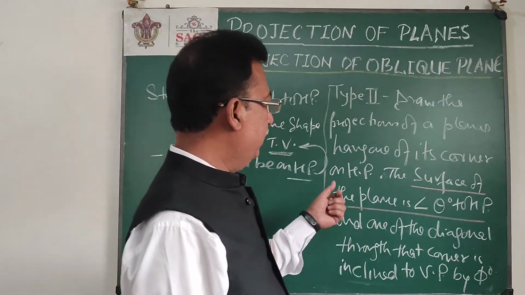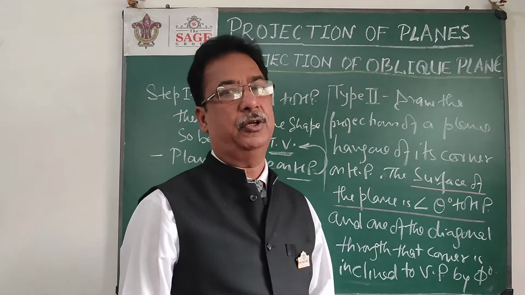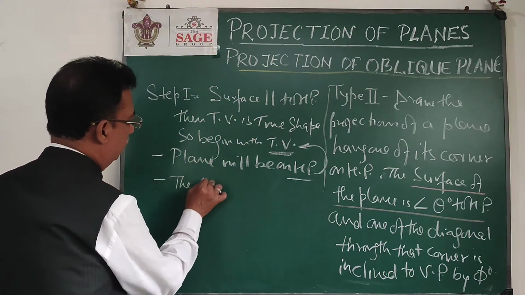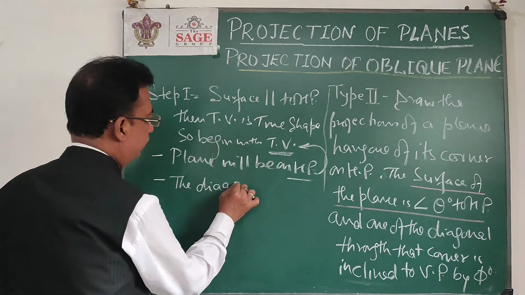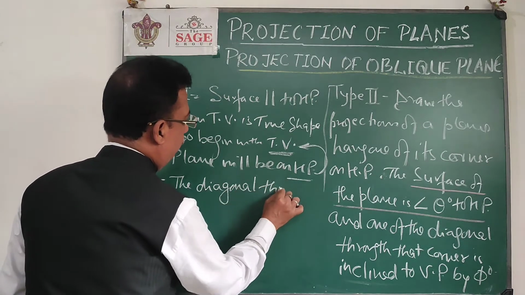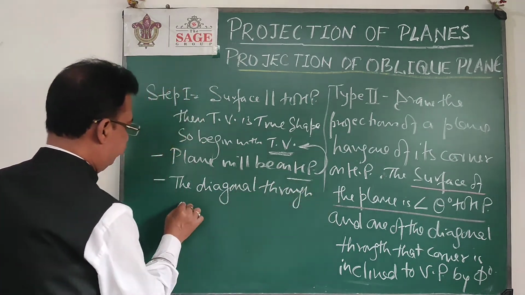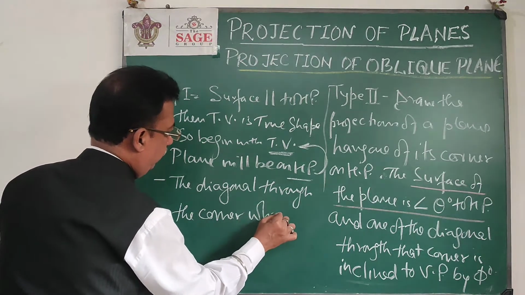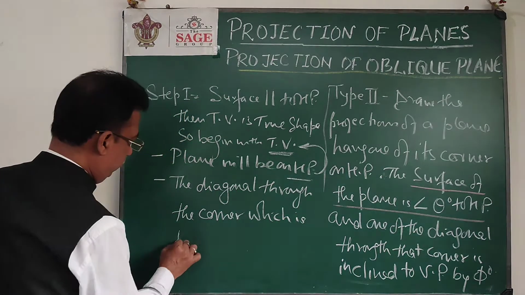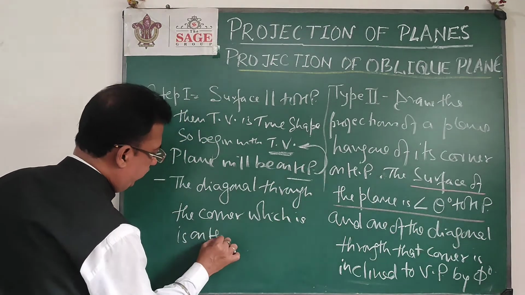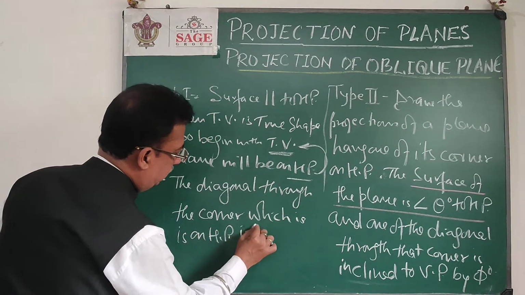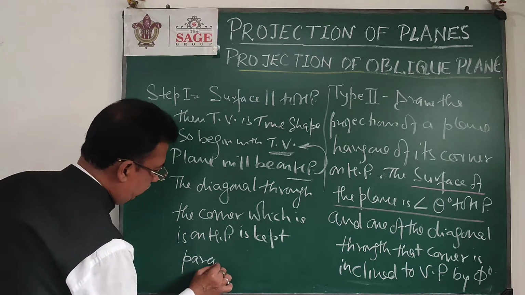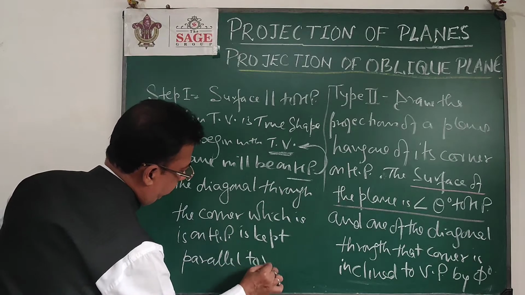Then with one condition: as we want to keep the corner on HP, the concept is that the diagonal through the corner which is on HP is kept parallel to VP.